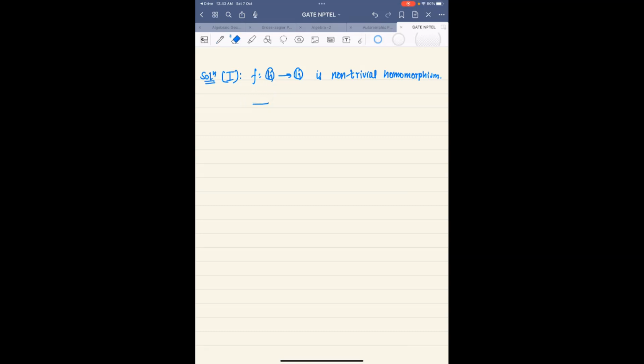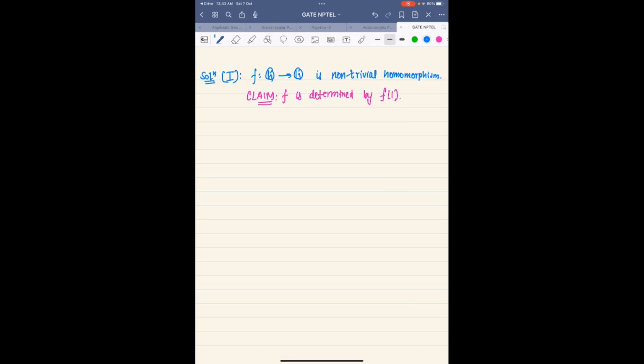Let's write the claim in some other color. So the claim is that f is determined by f of 1. If we send 1 to anything, then it will determine the whole homomorphism.